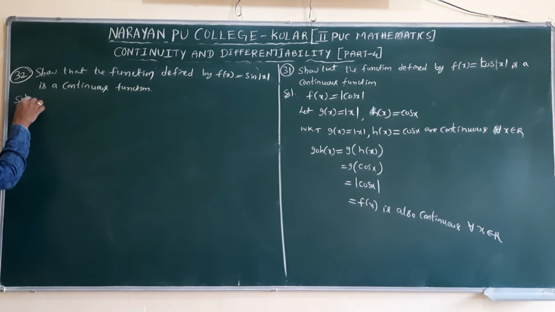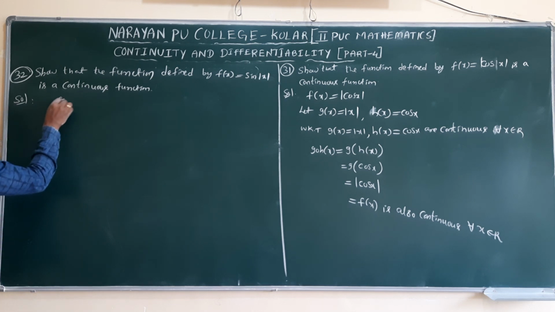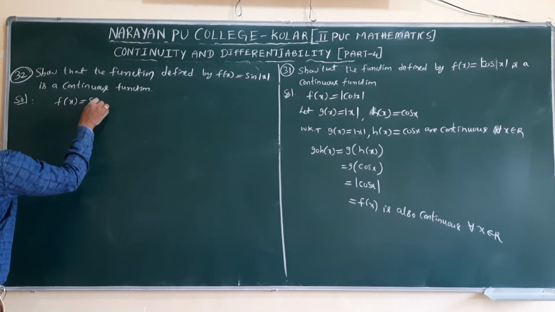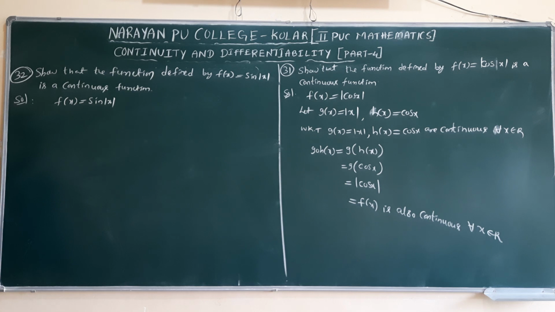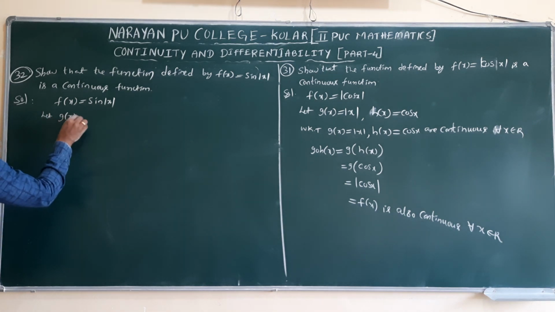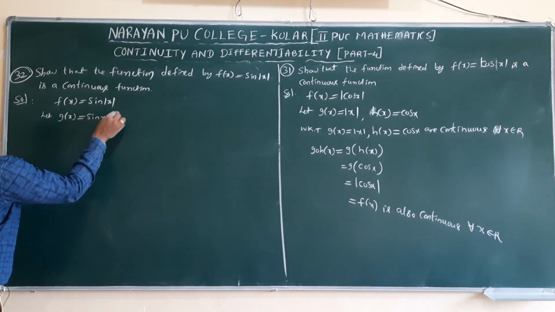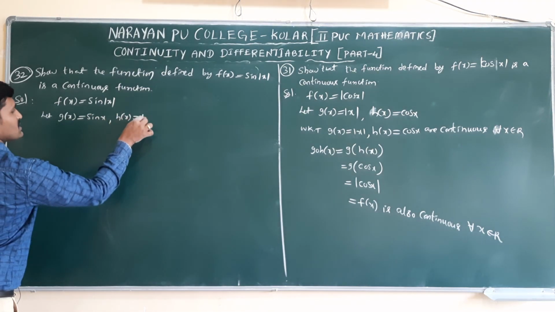Same here, outer function is sine, inner function is mod x. That's why in this we make it as two functions. f of x is sine of mod x. Let us consider g of x is sine x and h of x is mod x.